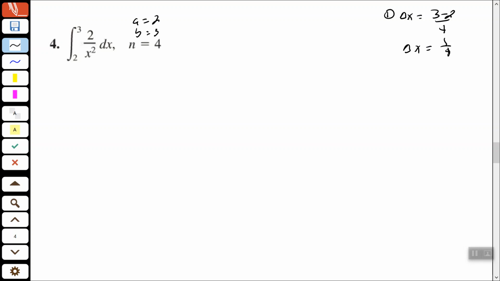So these intervals are broken up on even intervals of 1/4, starting at the lower bound of 2. But if you need to calculate it, then you would use x sub i equals a plus i times delta x.